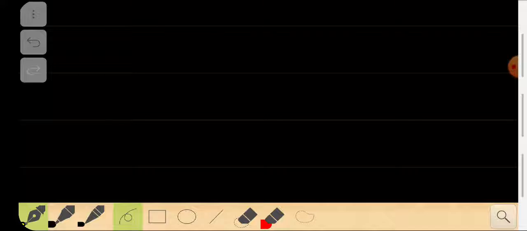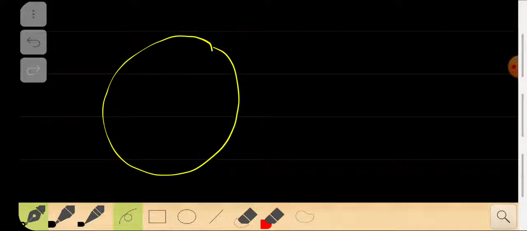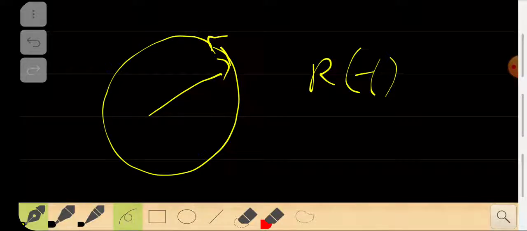So for that I'm going to say, you can have a circular path, and the body can move around. It can have different radius if you want, meaning the radius is changing with time, and the theta can be changing with time, anything you want.